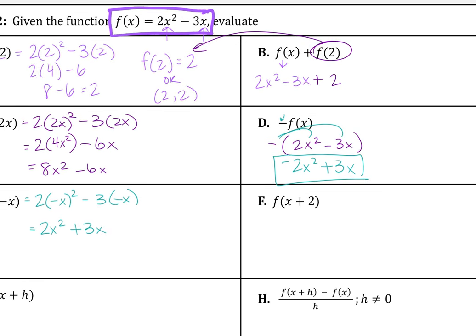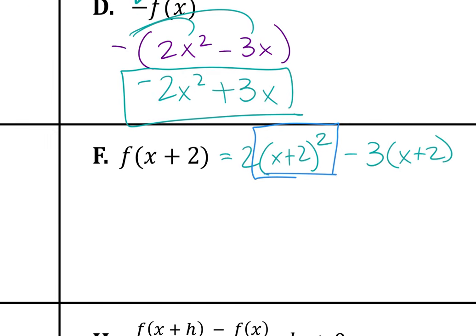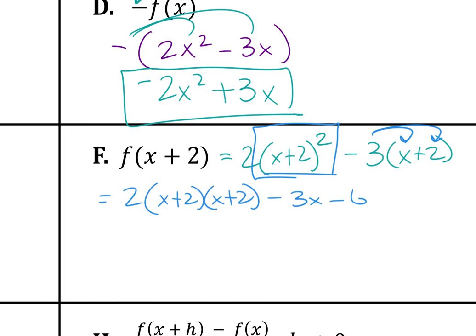X plus 2. So we're replacing x with x plus 2. So 2 times x plus 2 squared minus 3 times x plus 2. Okay, we need to FOIL this. So 2 times x plus 2 times x plus 2 minus, we can go ahead and distribute that in, minus 3x minus 6.